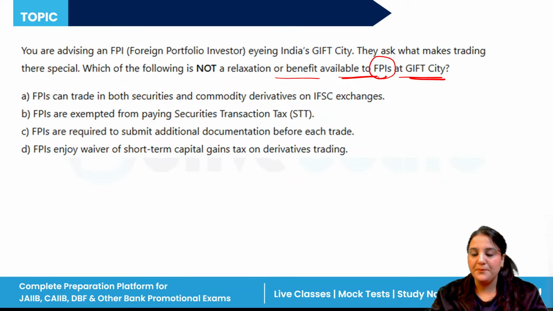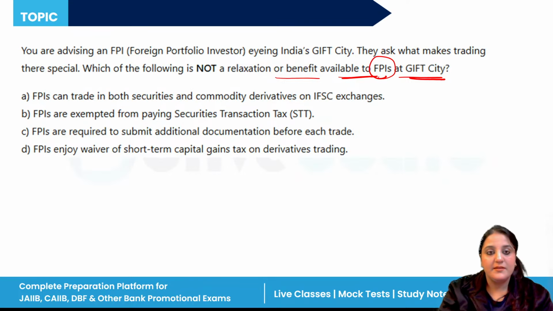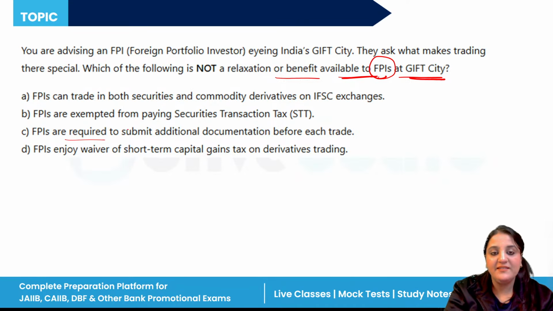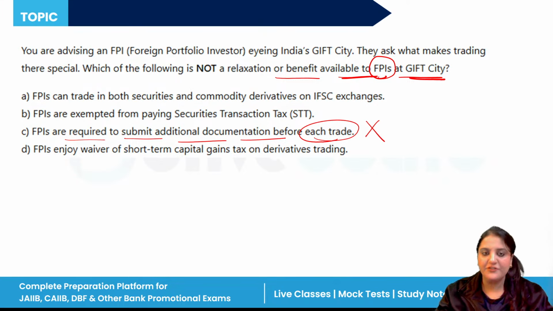So as a portfolio investor, FPIs being required to submit additional documents before each trade is completely not required, because FPIs are allowed to trade in securities and commodity derivatives.